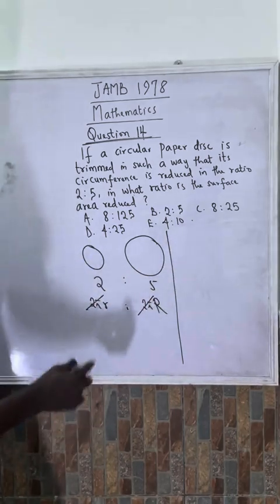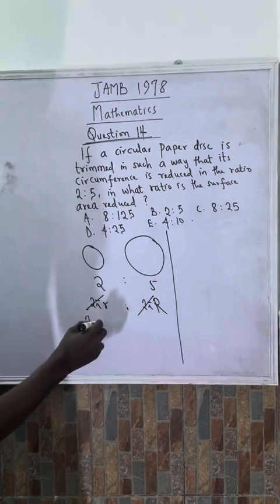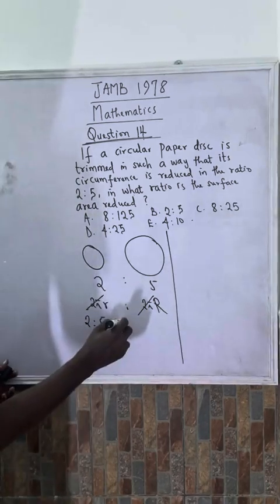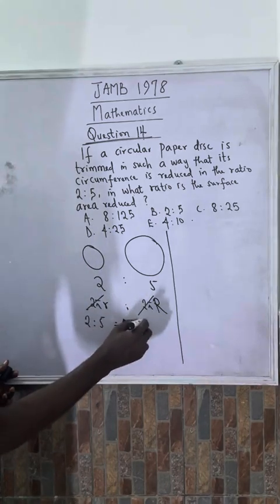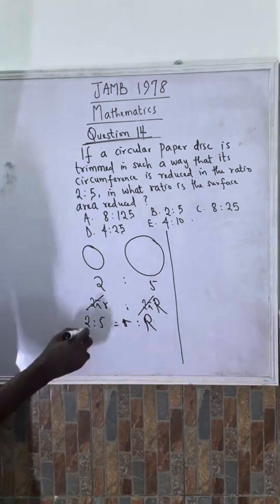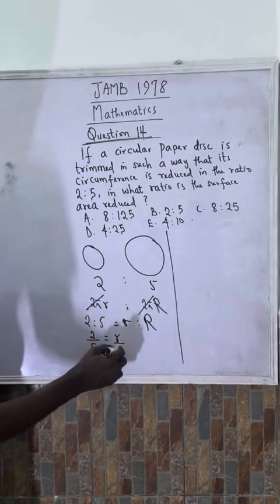So 2:5 corresponds to small r to big R. If I write this in fraction, I will have 2/5 equal to r all over big R.